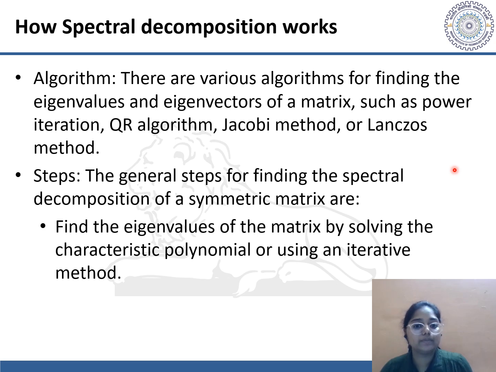How spectral decomposition works. The basic step for decomposing a matrix is to find its eigenvalues. The general steps for finding the decomposition of some matrix are: find the eigenvalues of the matrix by solving the characteristic equation or using an iterative method.